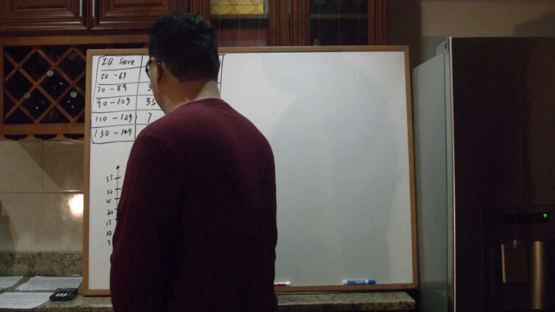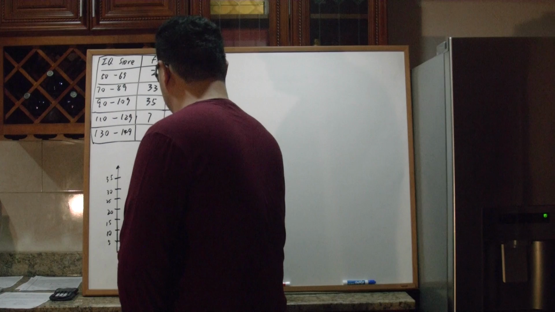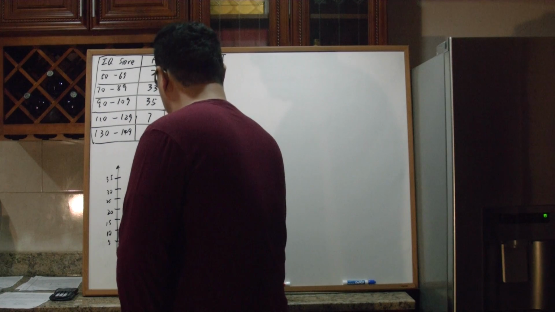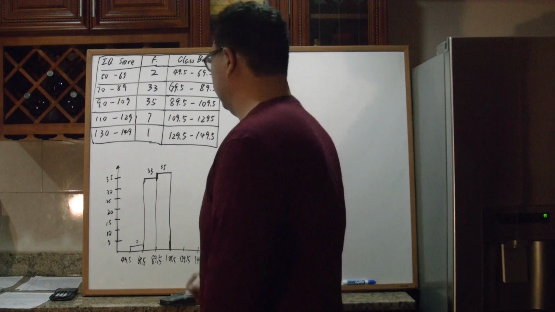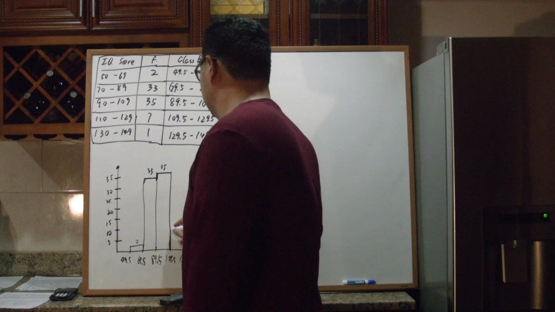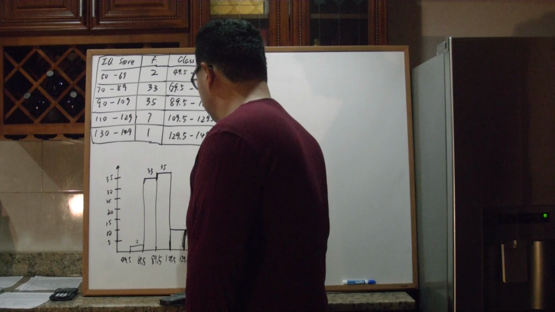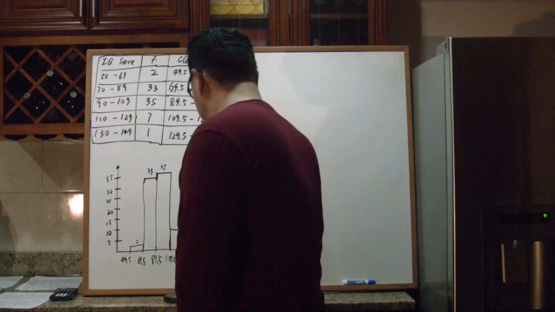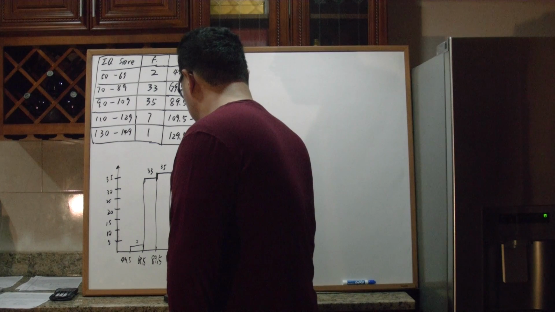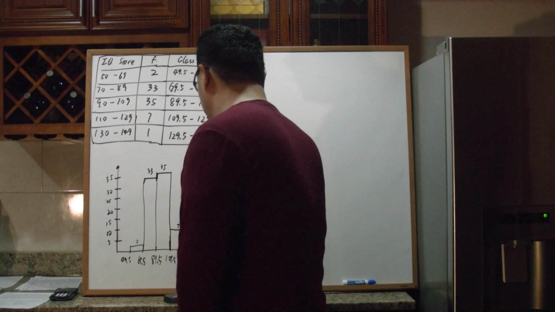Then the next class goes up to 35. Then the fourth class goes down to 7. And the last class goes down to 1.